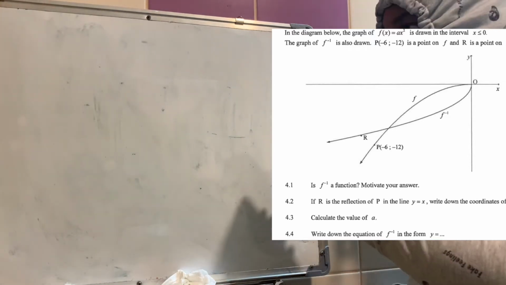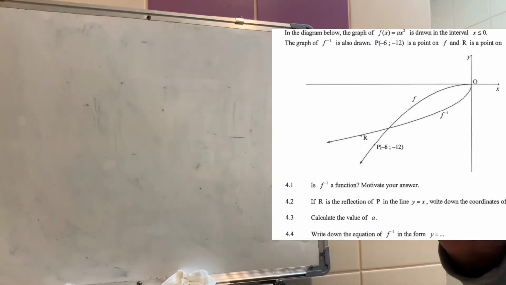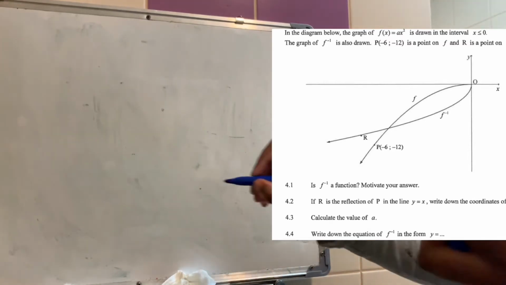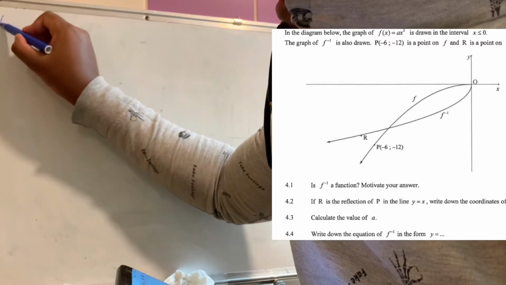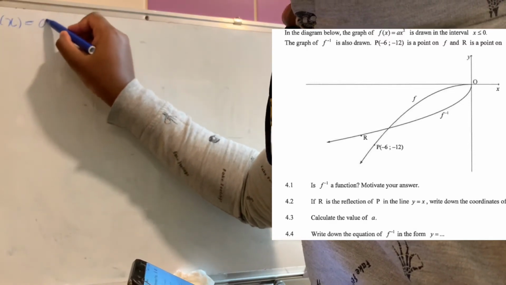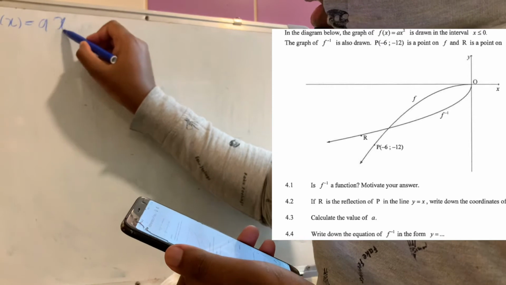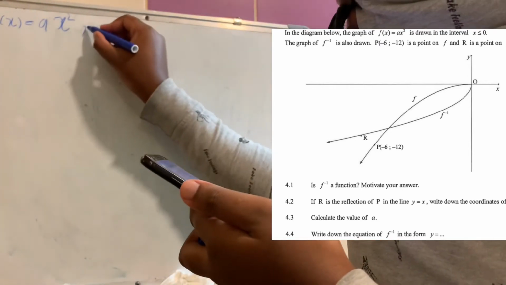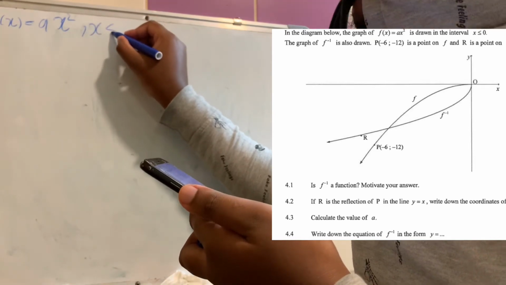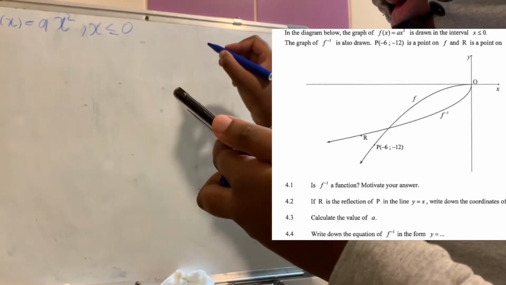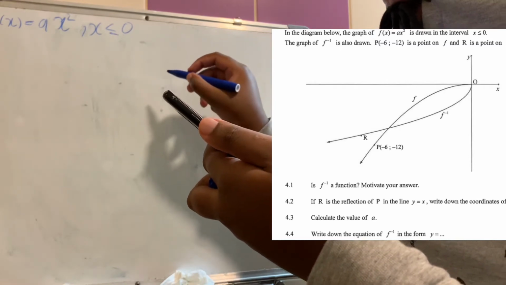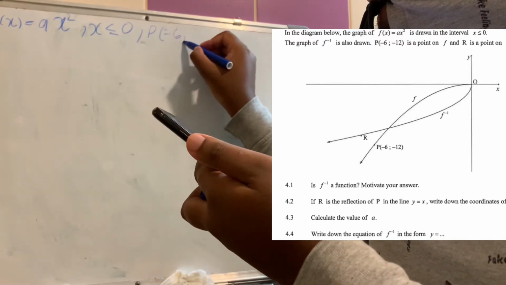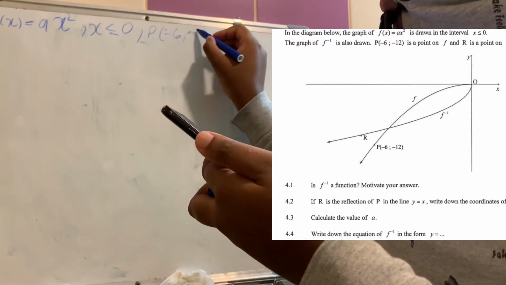This question is only about a graph. The graph gives the information f of x is equal to a x squared, for the interval x is less than or equal to 0, with points such as 11, minus 6 and minus 12.